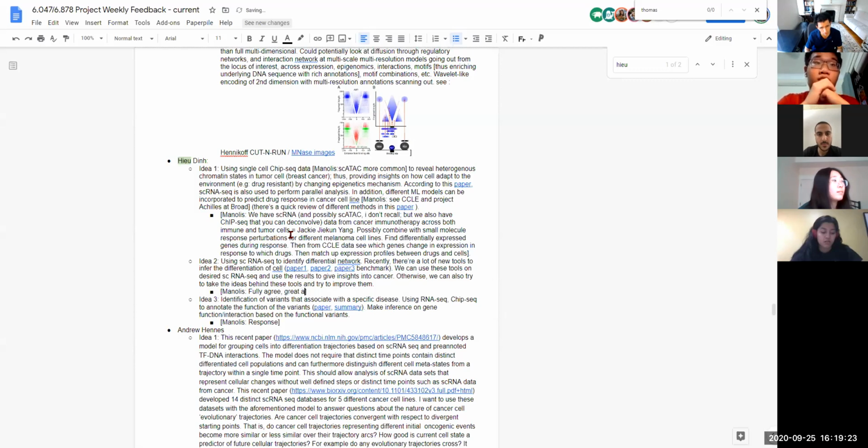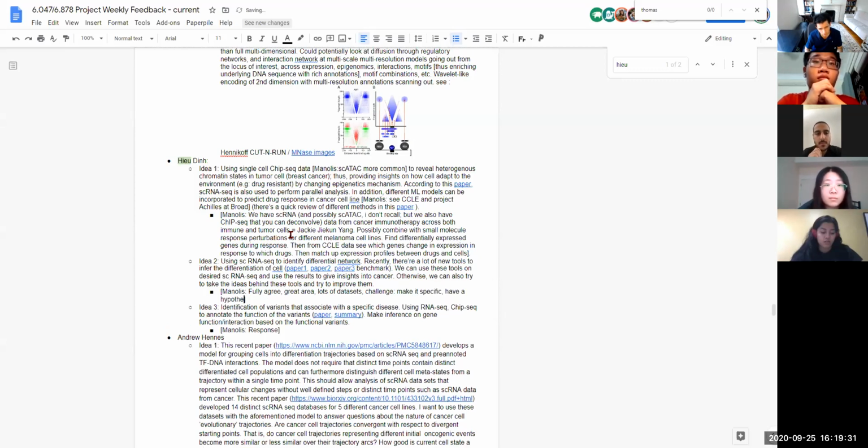Great area, lots of data sets, but the challenge is to make it specific, have a hypothesis, and find data sets for validation. Does that make sense? So just beware of all of that.